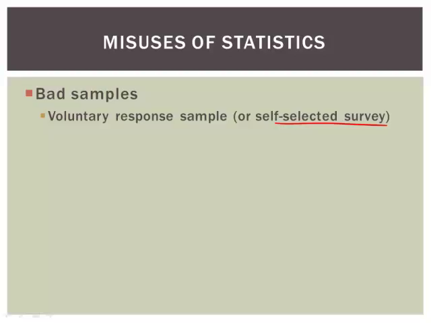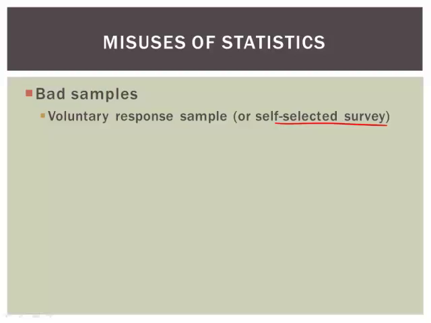A voluntary sample, one in which the respondents themselves decide whether to be included, is terrible. You can really not make any conclusions based on that. Valid conclusions can be made only about that specific group of people who agreed to participate. In a voluntary response sample, large groups of individuals are invited to respond, and all who do respond are counted. They're almost always biased.